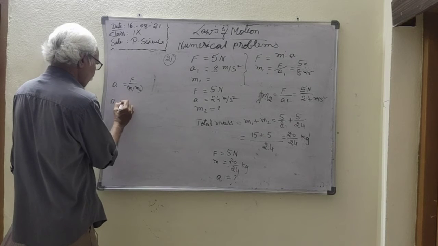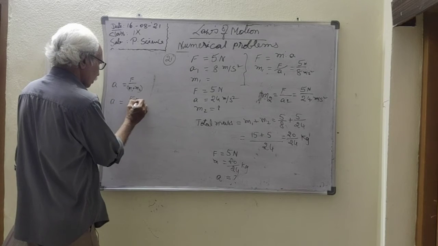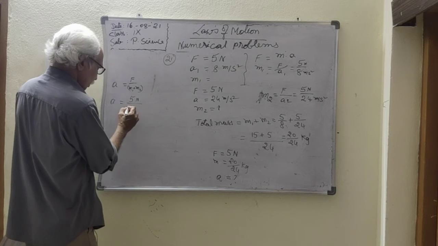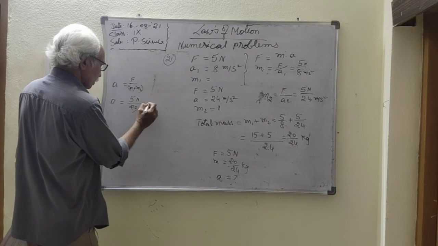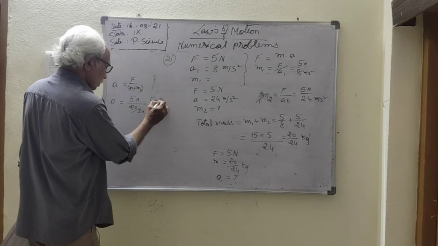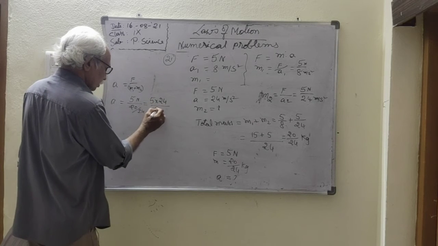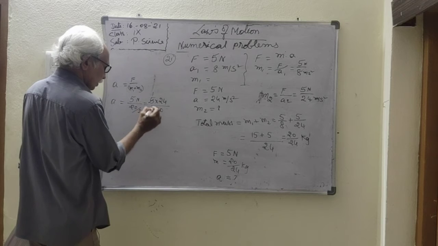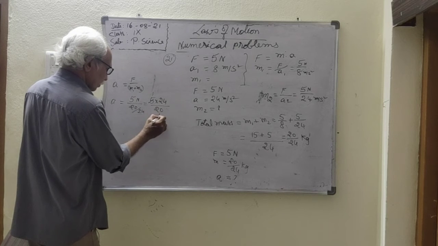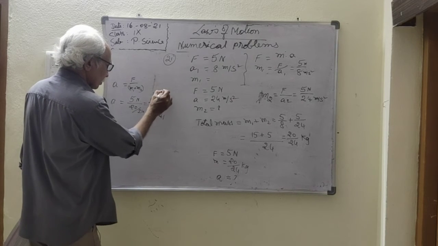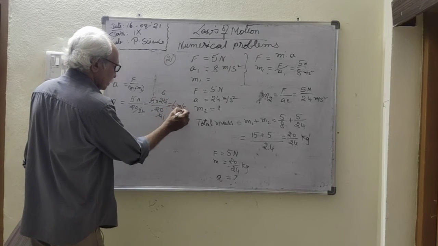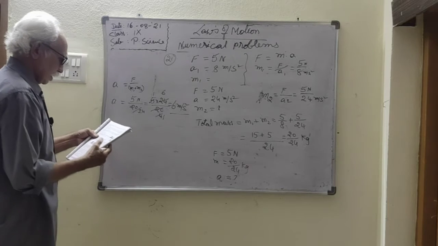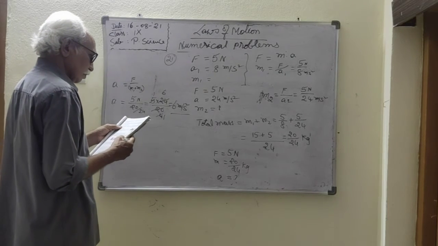So you can write A is equal to 5 Newtons by 20 by 24, that is 5 into 24 by 20. 5 ones are 5, 4 ones are 4, so it is equal to 6 meters per second squared. So your answer is here. What is asking?